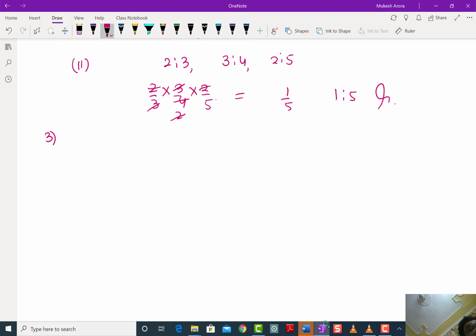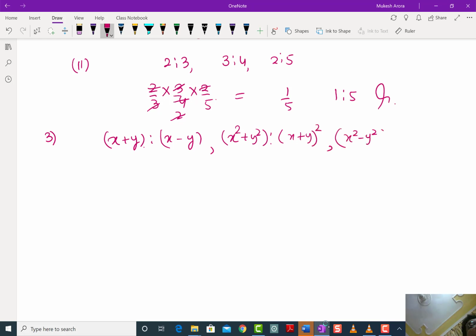We can get the sum in the shape of an algebraic expression also. x plus y ratio x minus y, comma, x square plus y square ratio x plus y whole square, comma, x square minus y square whole square ratio x^4 minus y^4.